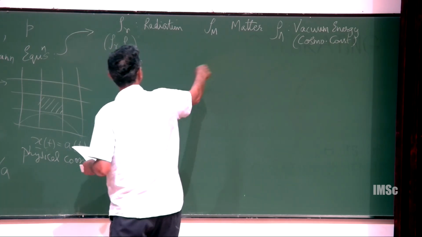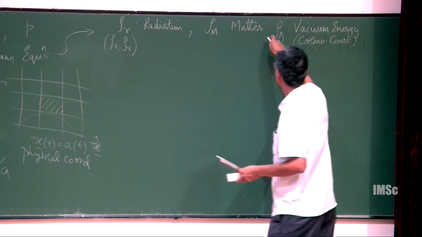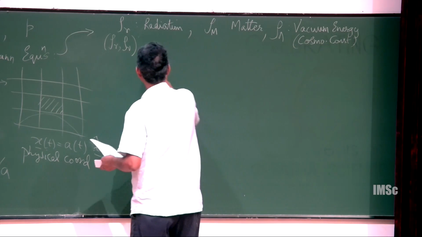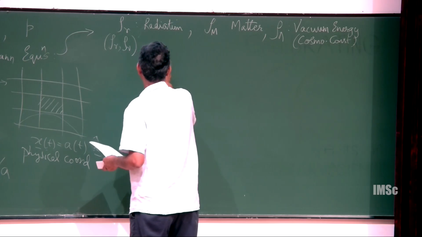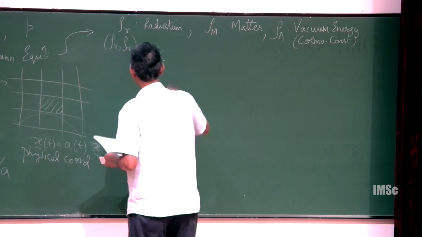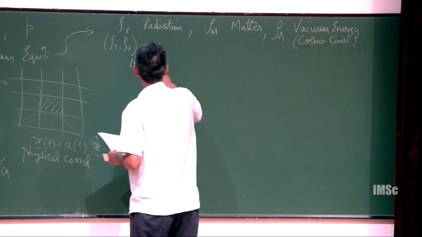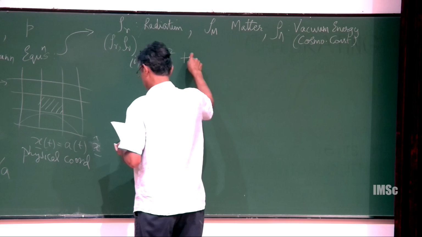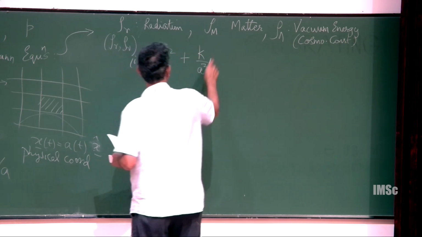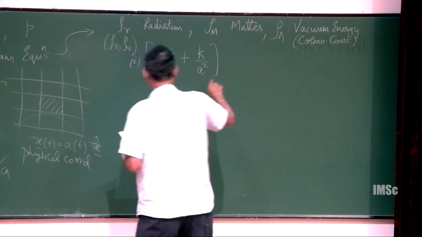And if we have these three filling the space-time and we solve Einstein's equations, you will get two equations, which are called the two Friedmann equations. Somehow I put back K here. That's okay, we'll set it to 0.